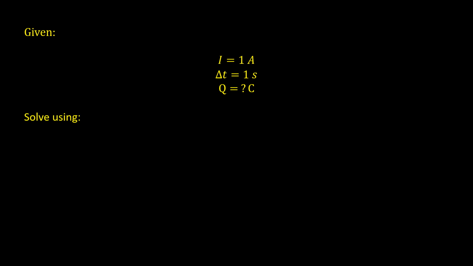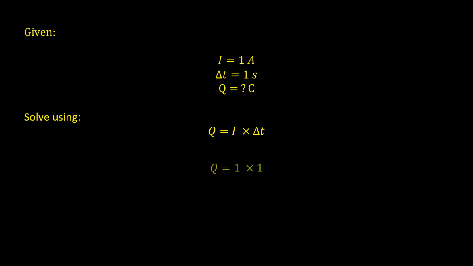So we're going to solve this using one of the expressions for the charge Q that we derived using that triangle. That expression was Q equals I times delta T, or the charge Q equals the current multiplied by the change in time, right?